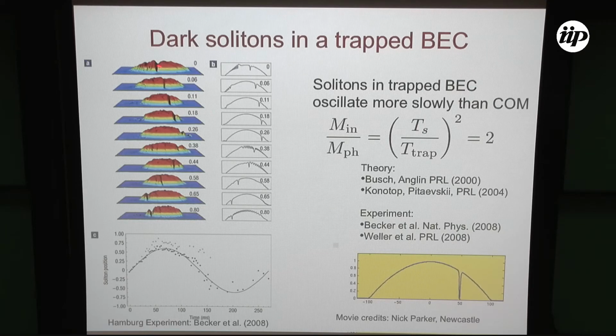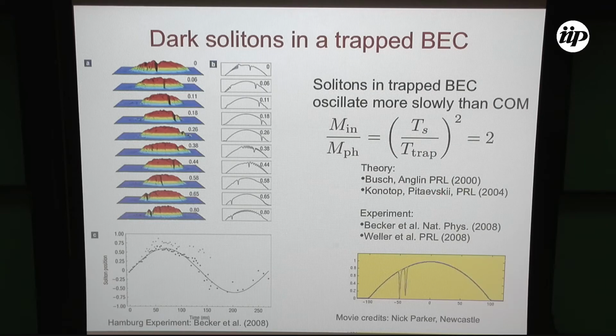And you see this dark soliton move and oscillate across this density profile. So it goes back and forth, and then you can extract its trajectory, extract frequency. And the frequency of these oscillations is now smaller than the frequency of the trap, of the harmonic oscillator trap.